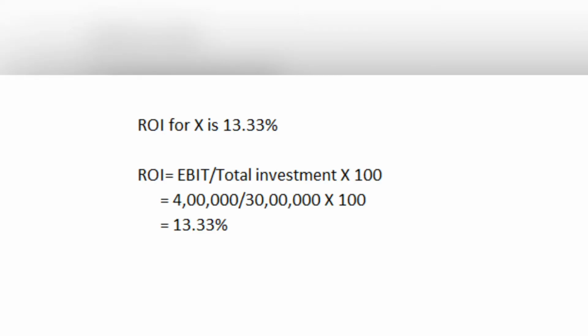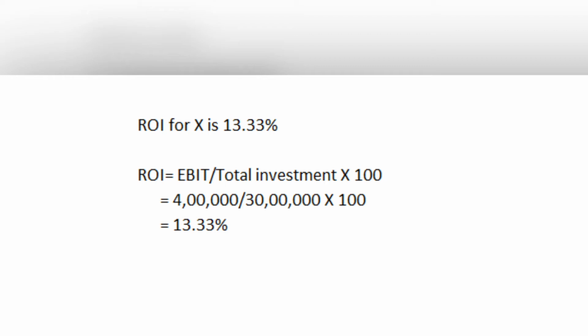So the next is ROI. ROI is return on investment. What return is expected from the investment made by the company? Students, in this case, the investment made by the company was 30 lakh rupees, right? And what is the return they have earned? They have earned a return of rupees 4 lakh before interest and tax.